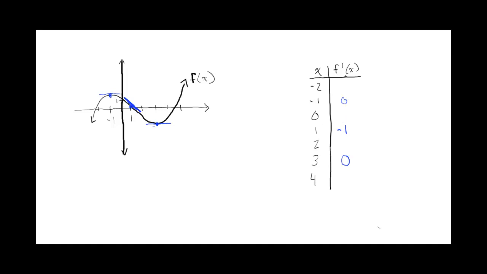At 0, it's not quite as steep as it was here, so maybe a little bit less, like -0.5. And at 2, kind of similar, it's still negative, but again, probably not quite as steep as it was here, so maybe about -0.5.